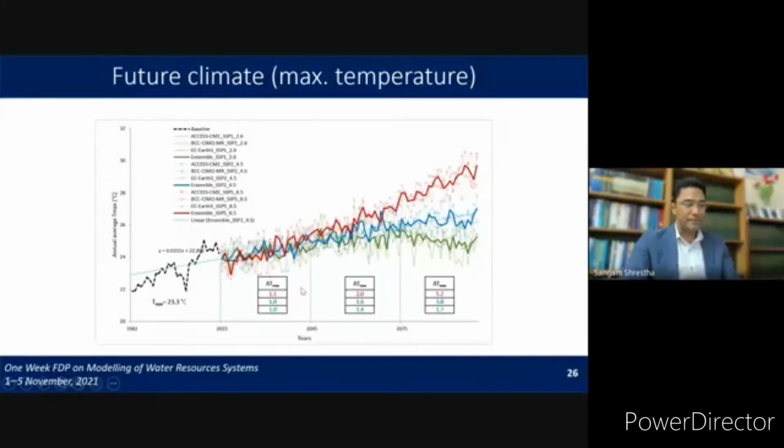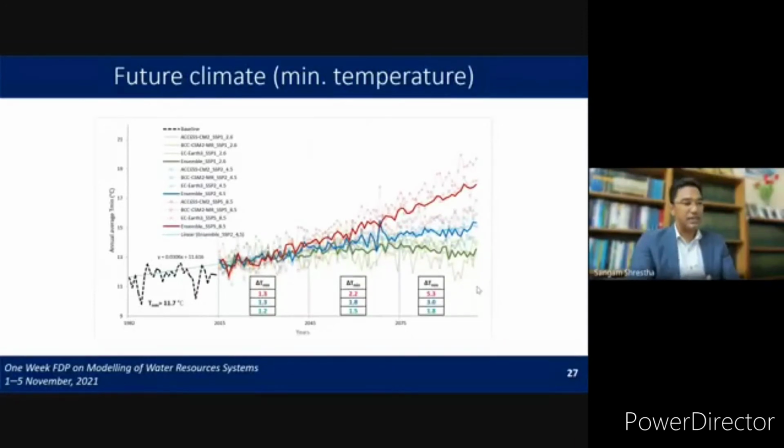So it means that there is a lesser increase of temperature under SSP1 and a higher increase under SSP5. But you can see that the temperature is expected to increase in all the future time periods in this Marshyangdi River basin.